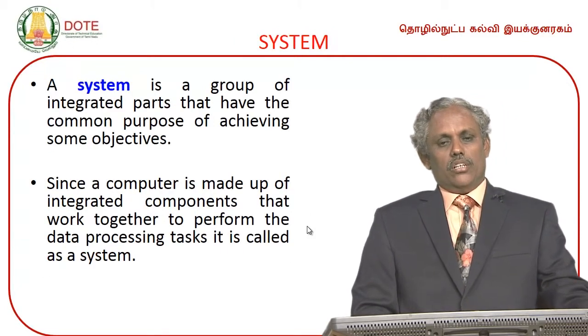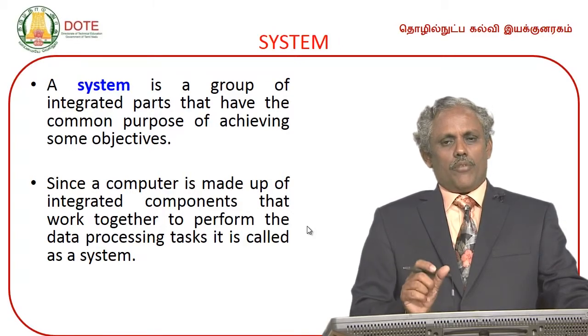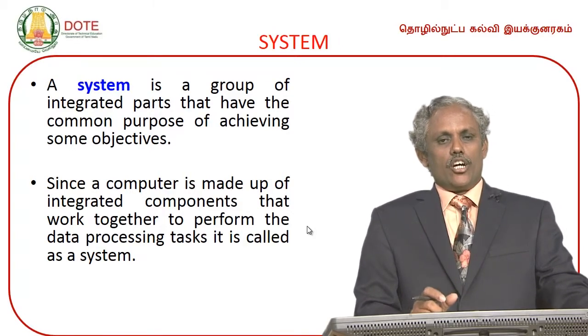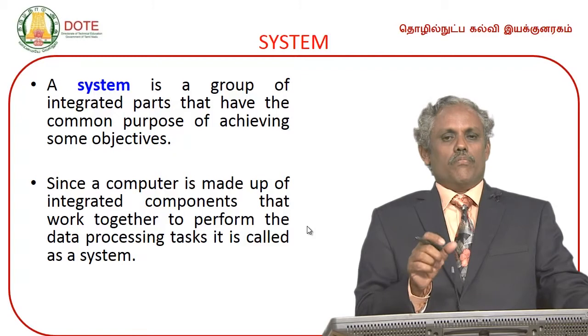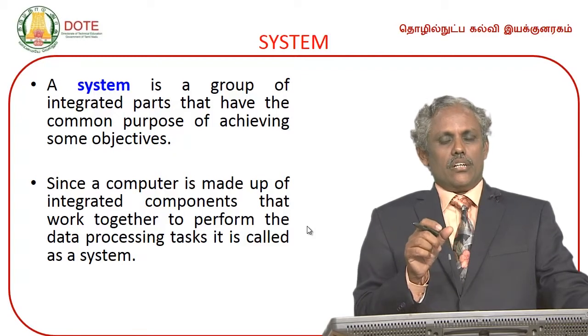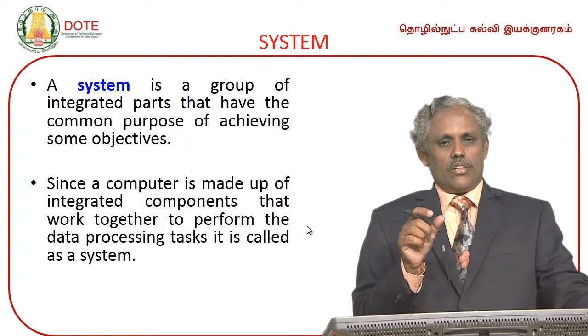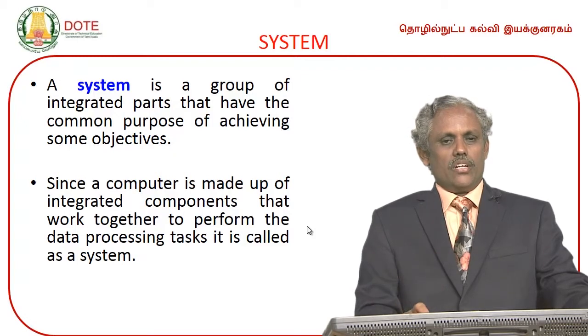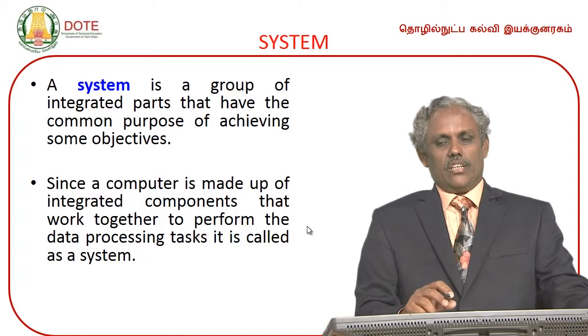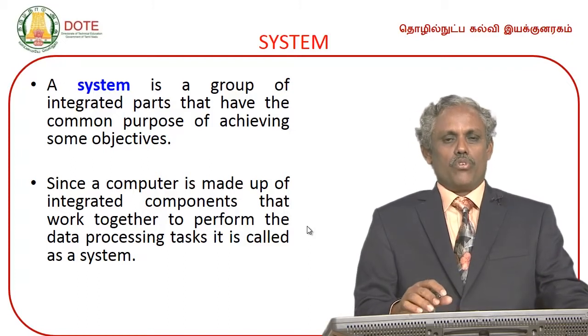Right. So, the computer is defined as a data processing system. Here, the word system represents the computer, because it is not a single device, it has different sub components.